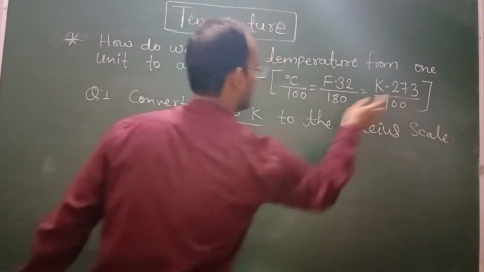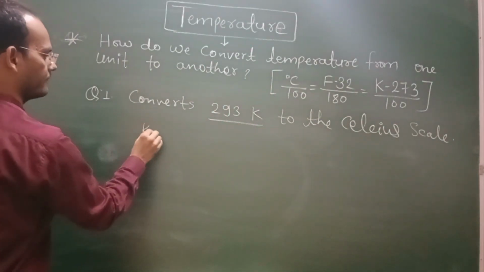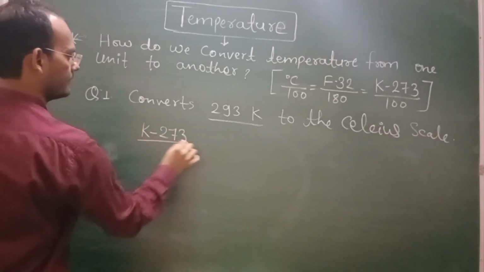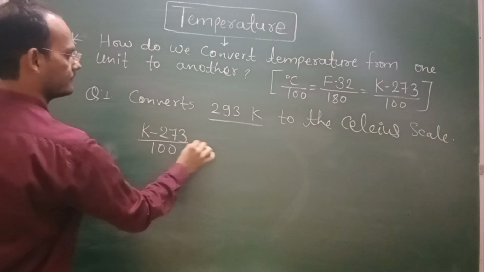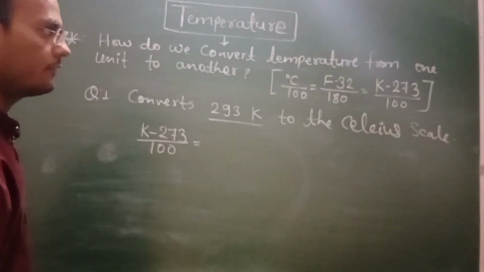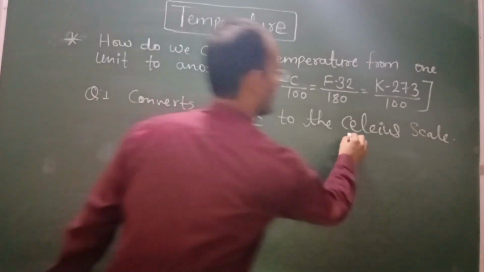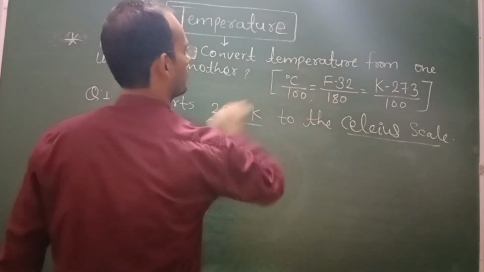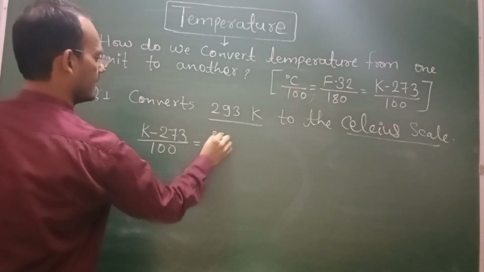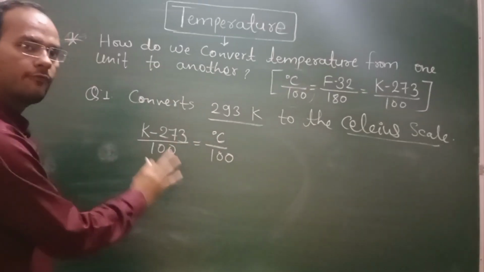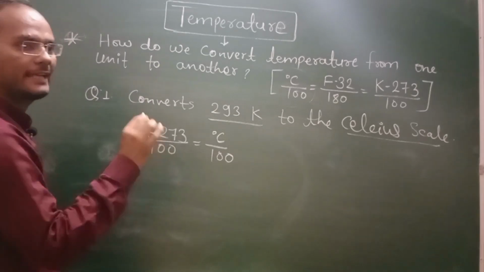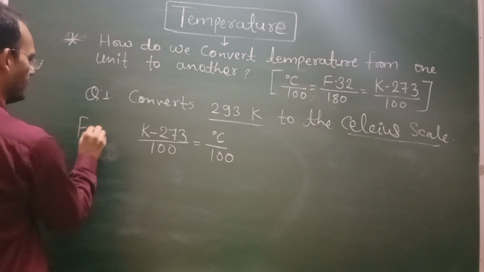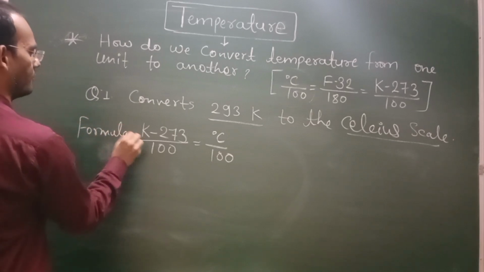So take this part: (K minus 273) divided by 100, and this is equal to degree Celsius divided by 100. This is the formula to convert Kelvin to Celsius. So in this way we can make the formula.